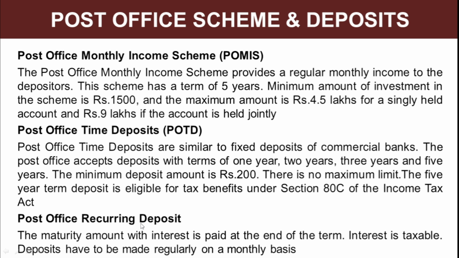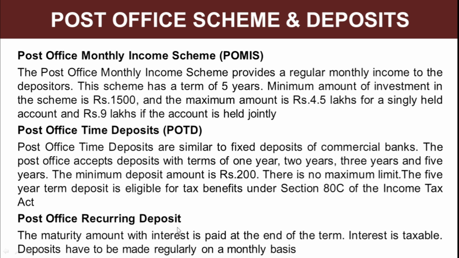Coming to post office recurring deposit, like in commercial banks where you have your recurring account, the maturity amount with interest is paid at the end of the term. Interest is taxable and deposits have to be made regularly on a monthly basis. That's why it is called recurring deposit, because you are repeating your investments.